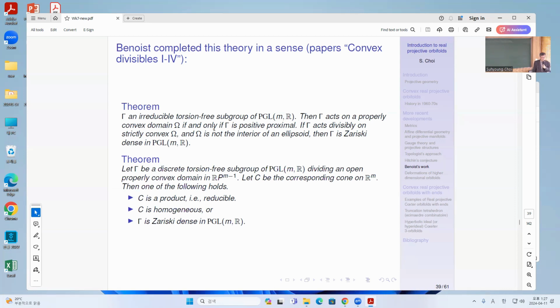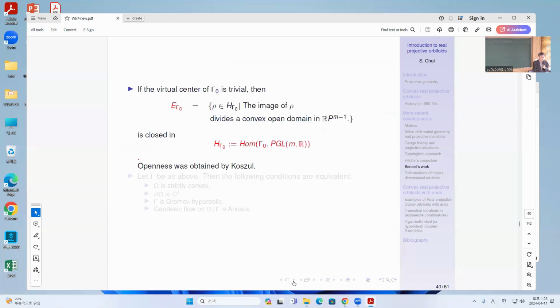Either it's a product, which is reducible, so it's going to be a sum of two cones, or it's homogeneous, or gamma is Zariski dense in PGL(m, R). So reducible cones means a sum of two independent cones in two independent subspaces. Okay, so that's what this showed.